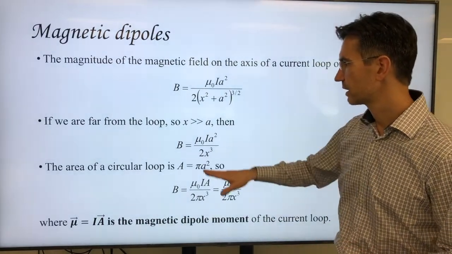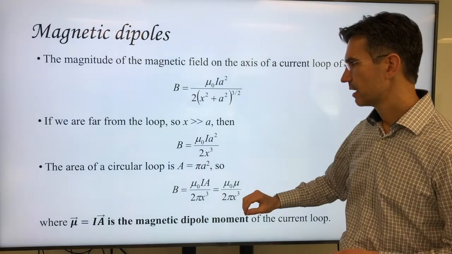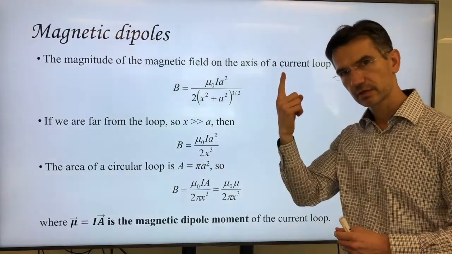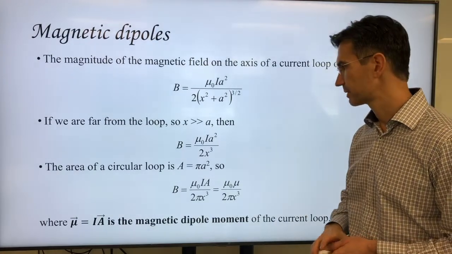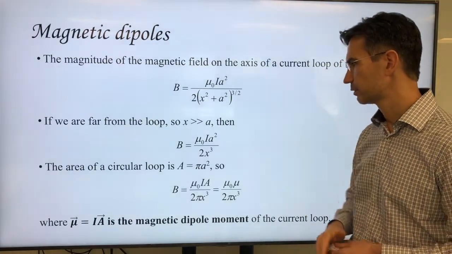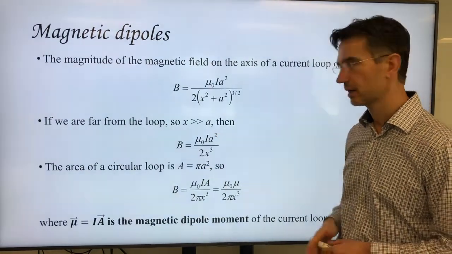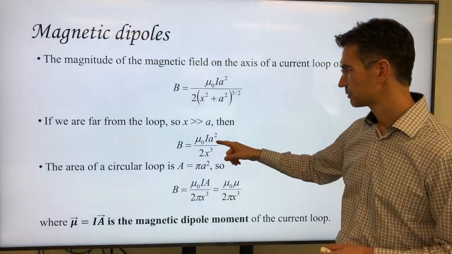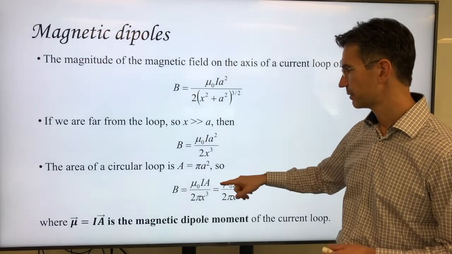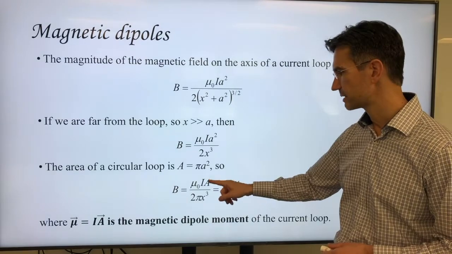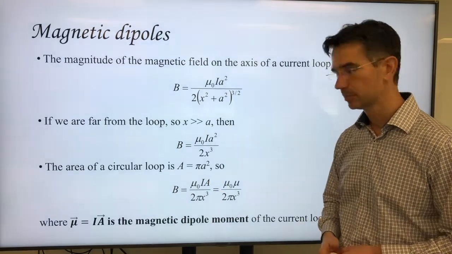We can actually go a little bit further. Now the area of this circular loop is pi a squared and points perpendicularly away from the plane of the loop. So then we can express the magnetic field strength in terms of the area. We multiply up and down by factors of pi, and we get the magnetic field strength on axis is mu naught times I times the area over 2 pi x cubed.